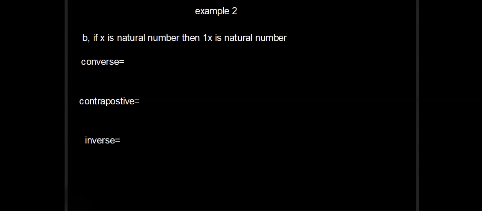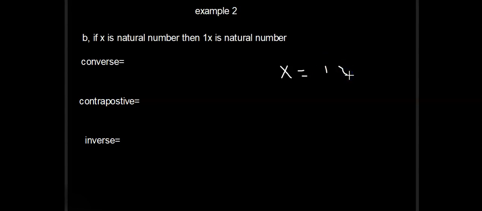Okay, so this is a word problem question, and it says that if x is a natural number, then 1x is a natural number. What this means is, as you guys know, natural numbers are 1, 2, 3, and so on.